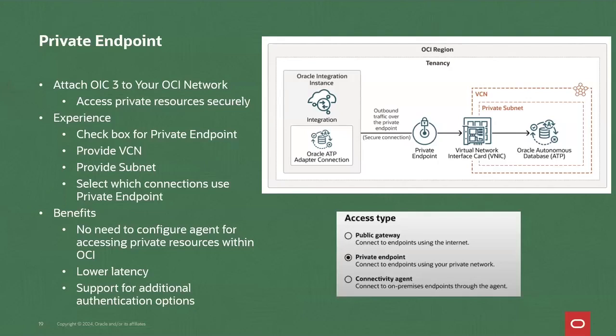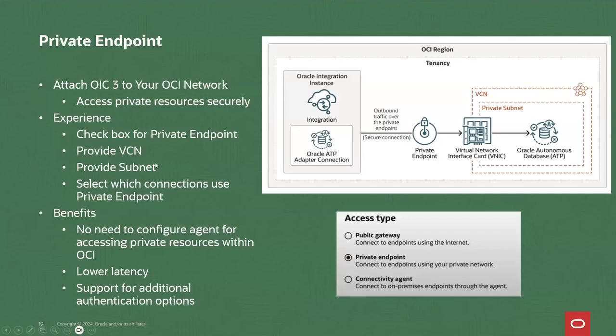On top of that, you can also reduce the overhead of installing the connectivity agent, maintaining the VM or server, or running the script. So based on your requirement, you can choose to use adapters in OIC with the public gateway, private endpoint or connectivity agent access types.